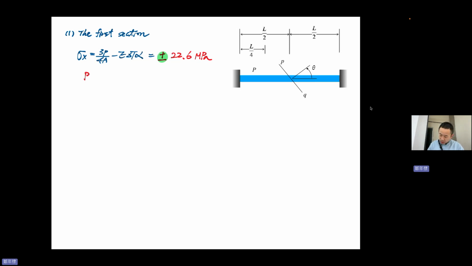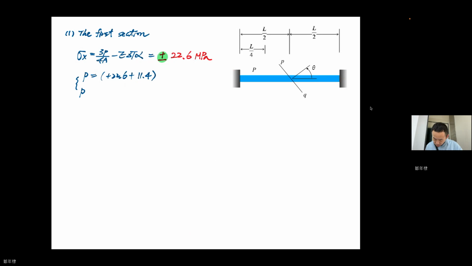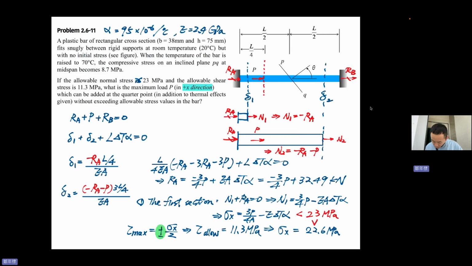So the P here has two solutions, positive 22.6 plus 11.4. The 11.4 is actually from here. Is that correct? Sorry, 11.4. What does 11.4 come from?